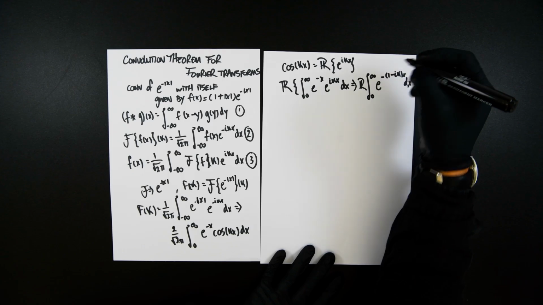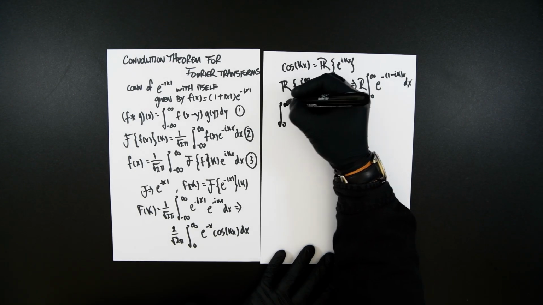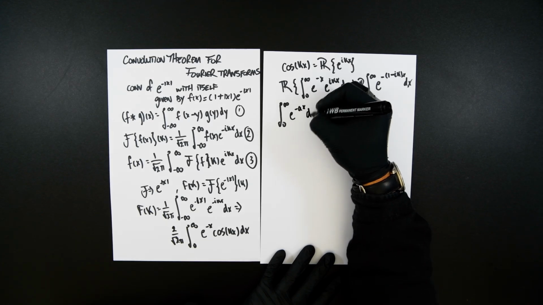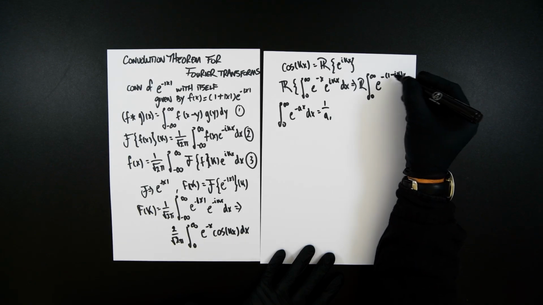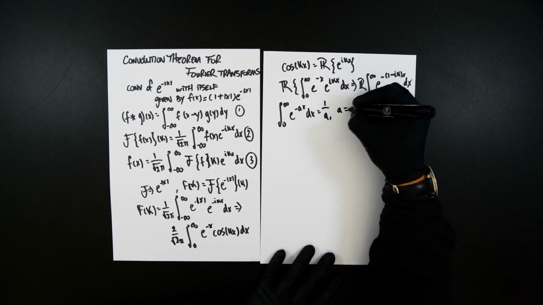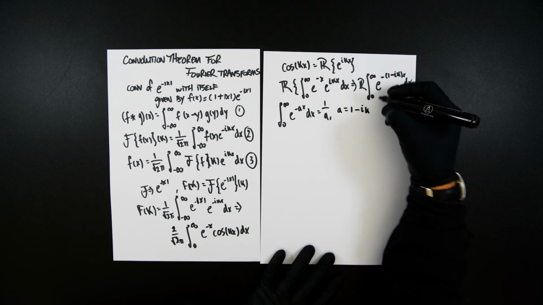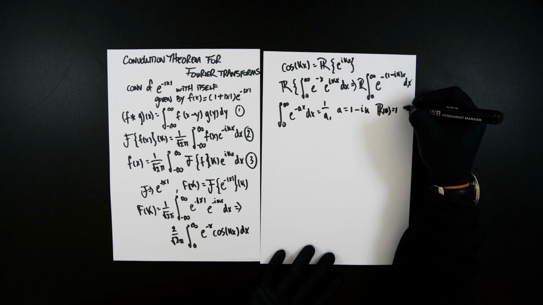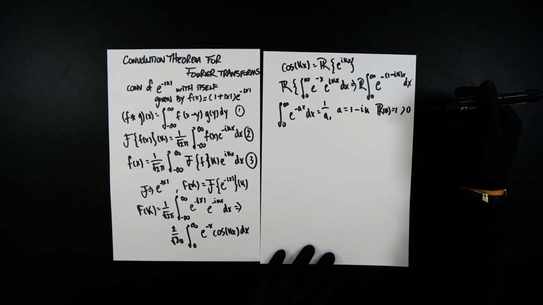We know that the integral from 0 to infinity of e to the minus ax dx is going to be 1 over a. And we have a, which is this part here, a equals 1 minus ik. And since the real part of a is 1, which is greater than 0, the integral converges.